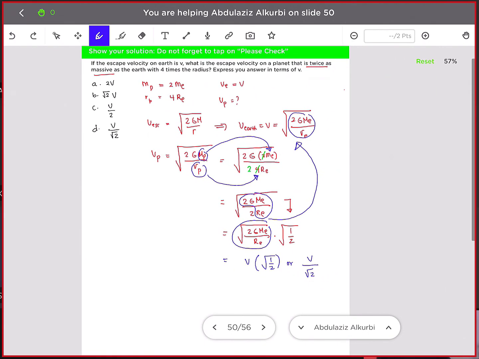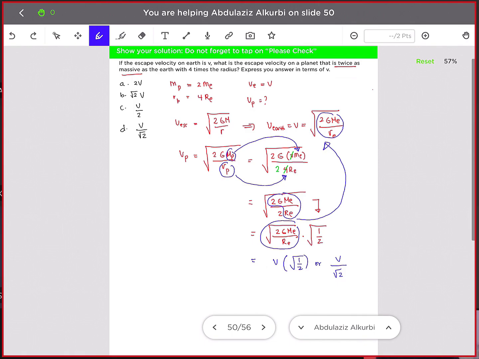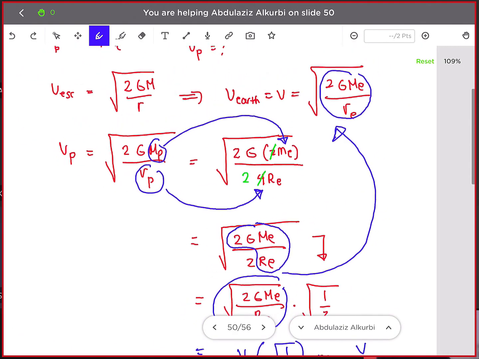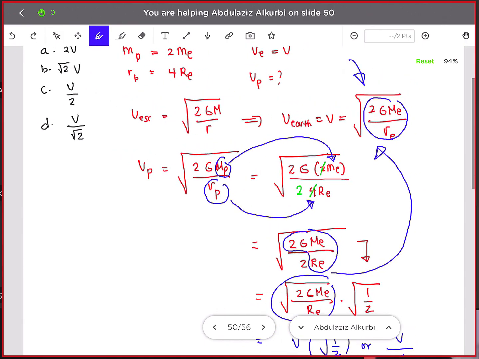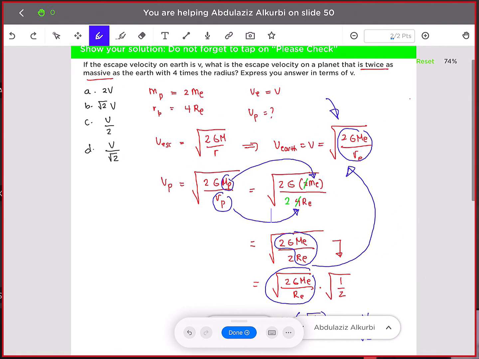Any questions? Yes, we can't cancel the two together. What do you mean, which 2? In this step, 2GME over 2RE. You don't cancel it, because if you cancel it, you would not be able to go back to the original equation. When you're solving problems like this, you must always go back to the original equation.